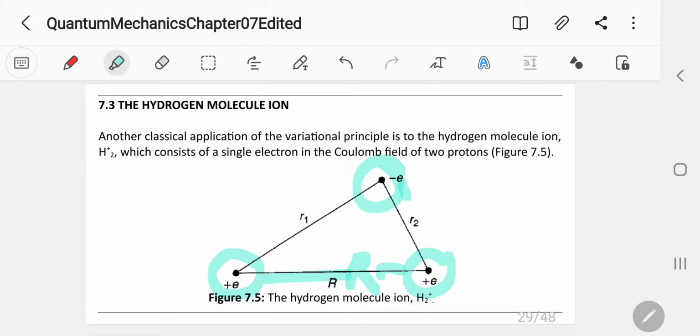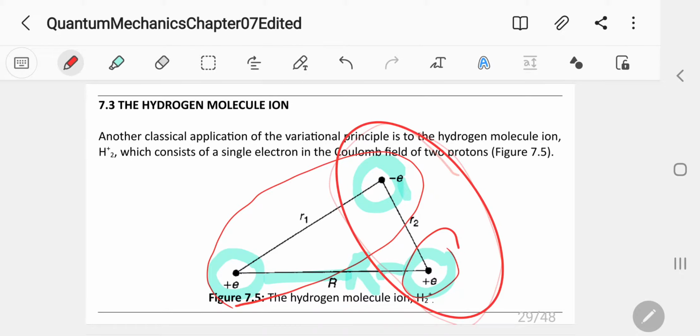So you can treat this as a hydrogen and this one is a proton, or you can also treat this as the hydrogen and then you have a proton here. So you can interchange the proton with the electron. So in this case, the trick is that you have to try a trial function which is symmetric between the two protons.